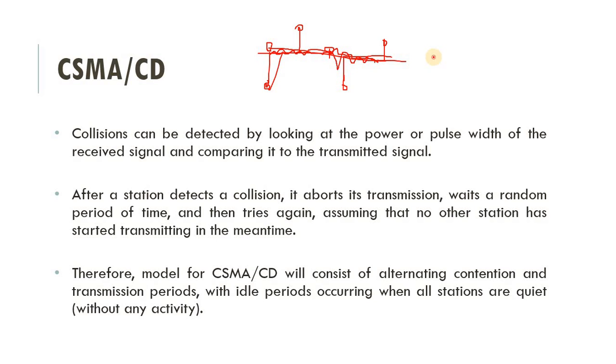But what happens in the same situation, with multiple nodes, when this node starts transmitting data, and this node also starts, but now this node stops transmitting data, and at that time the signal collides here, and this collided signal is received at this node.